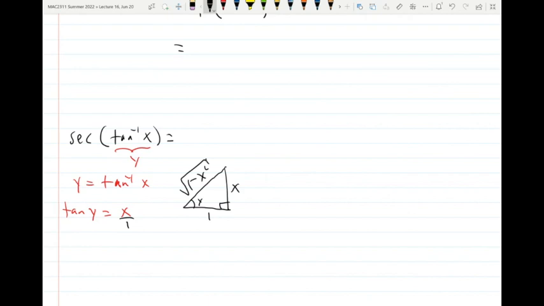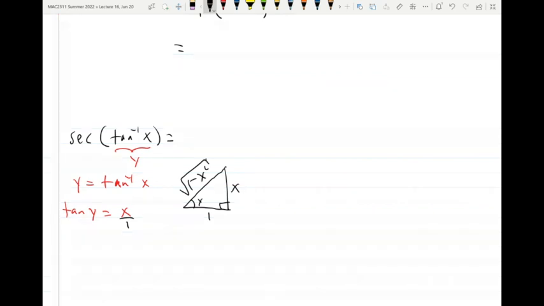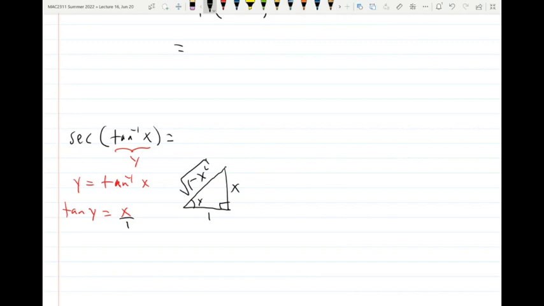I'm trying to do this quick, but you're not letting me do it quick. Do you remember the Pythagorean theorem? The sum of the legs squared equals the hypotenuse squared, right? And you solve for the hypotenuse. Okay, so you have the triangle. Now remember, this is y, so what we really want is secant of y. Use the triangle. What's secant? Remember, cosine is adjacent over hypotenuse, so secant is 1 over cosine, so it's hypotenuse over adjacent.